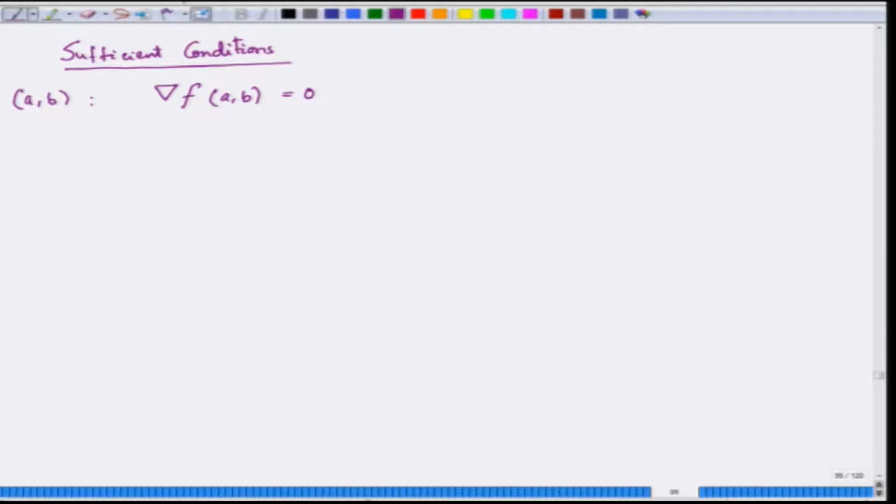So, number 1, if at a b you have the following, that del 2 f del x 2 is strictly less than 0 and the determinant of del 2 f del x 2, del 2 f del y 2 and the mixed partials is greater than 0.